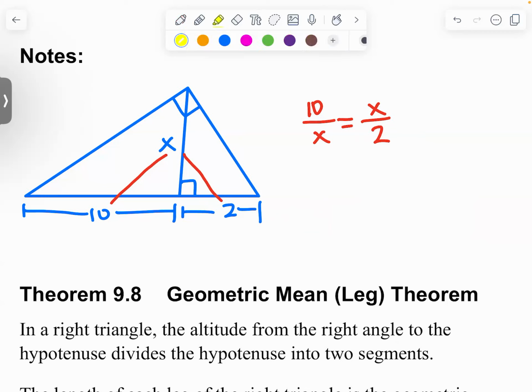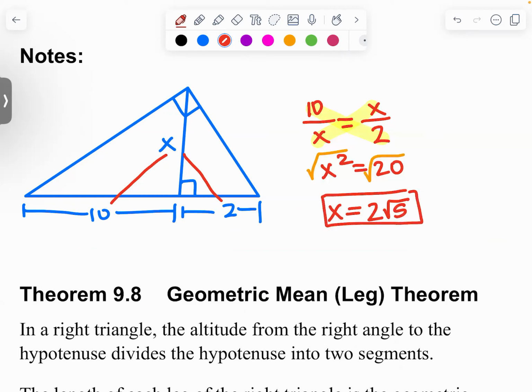No matter what, when we cross multiply, we get x squared equals 20. When we square root both sides, we get x equals what? 2 square root 5. Thank you, Nora.